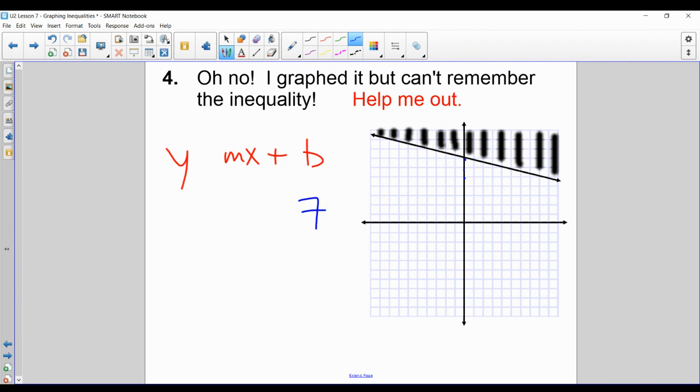My b value is 7. My slope, I'm going to pick a couple of nice points where the line crosses the grid, and I can see that it's going down 1, so negative, and over 4 to the right. So my slope is going to be negative 1/4.